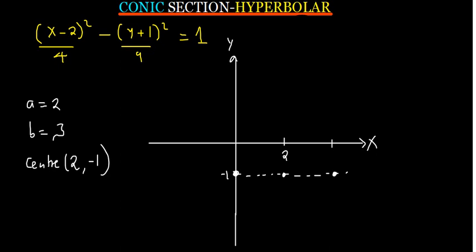And then we found the 3 from the value which was below y. So to the y value of the center we're going to add and subtract 3. So -1 plus the 3, that is going to give us a 2 to be somewhere here. And then -1 minus 3, that is going to be -4 somewhere here. And then I'm going to draw a rectangle joining these points.